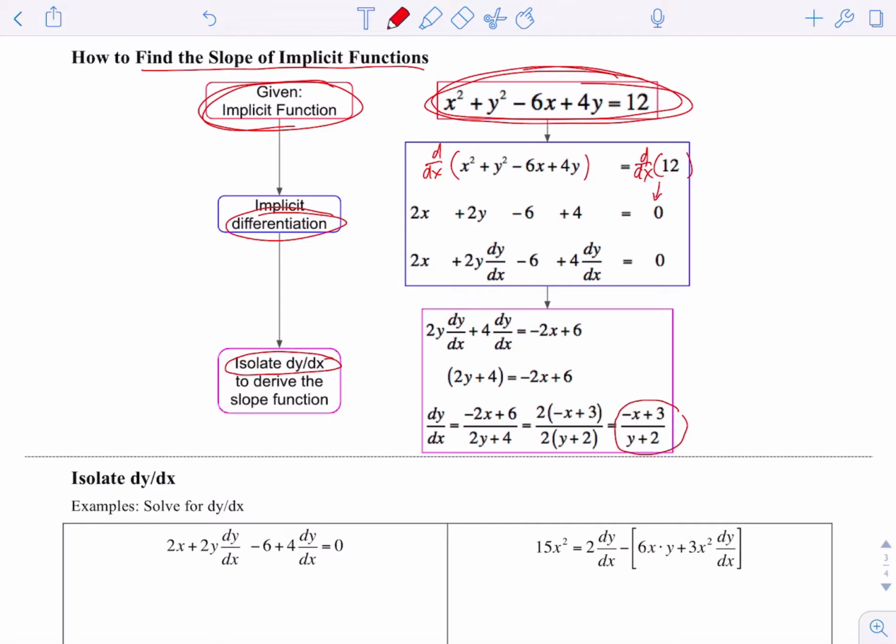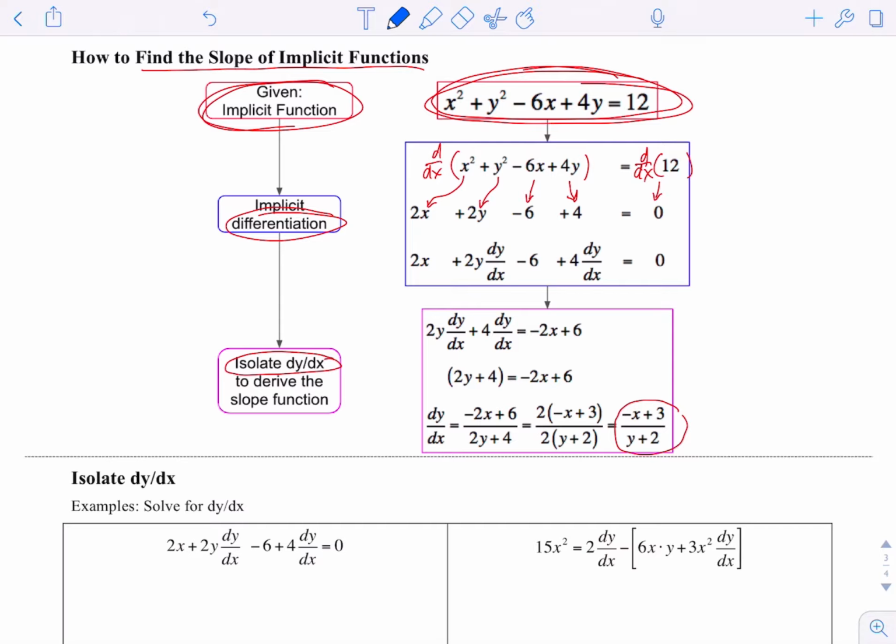Now the left side is a little more tricky, but I just find the derivative of each term. The derivative of x squared is 2x, the derivative of y squared is 2y, negative 6x is just negative 6, and 4y is 4.